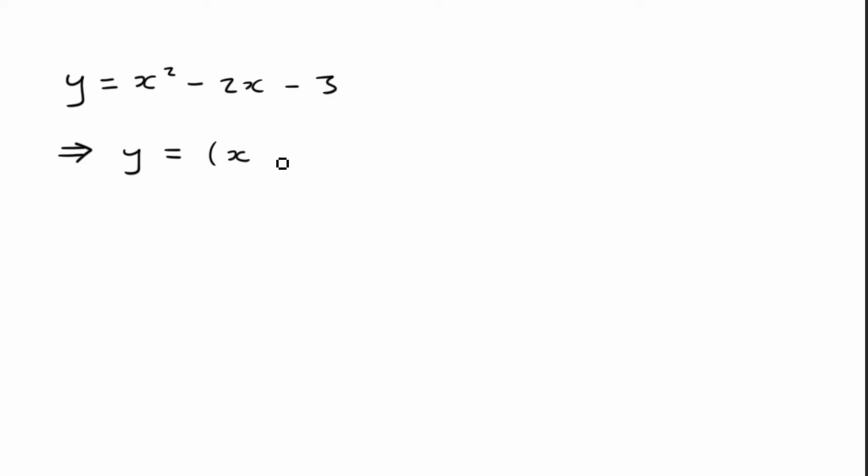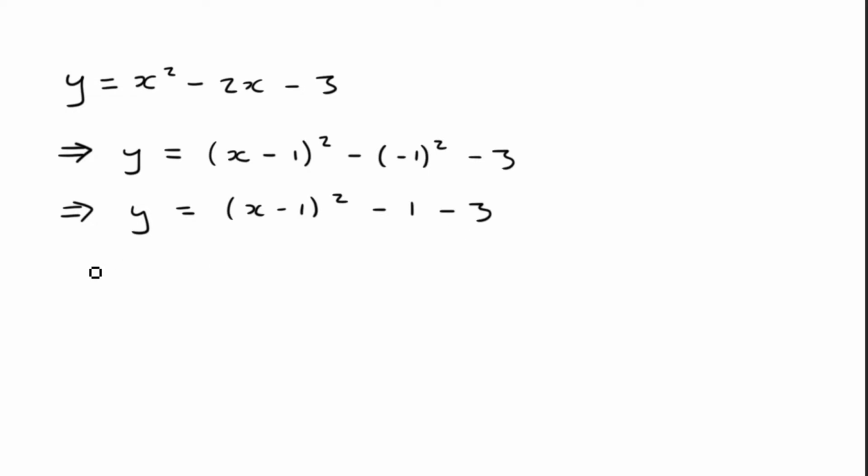Instead of x squared subtract 2x, we could write x minus 1 squared, subtract minus 1 squared, and there's still this subtract 3 on the end. So we have that y is x minus 1 squared, subtract 1, subtract 3. In other words, y is x subtract 1 squared, subtract 4.